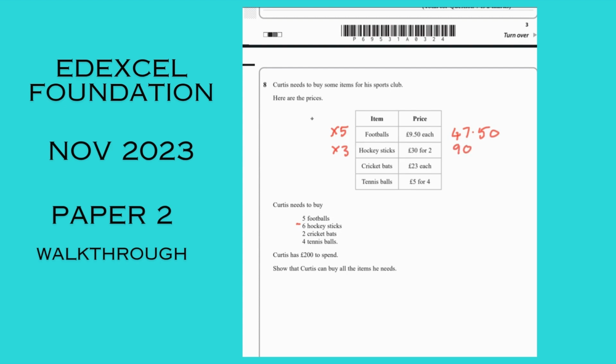Cricket bats, £23 each, there's 2 of them, so that's £46. And tennis balls, just the £5 worth. And obviously, on your calculator, add all that together, £188.50. Show that Curtis can buy all the items he needs. So if you want to be a bit more watertight, Curtis will have £11.50 in change.